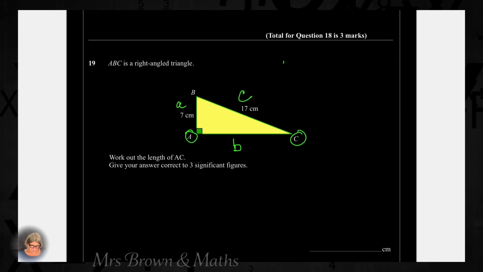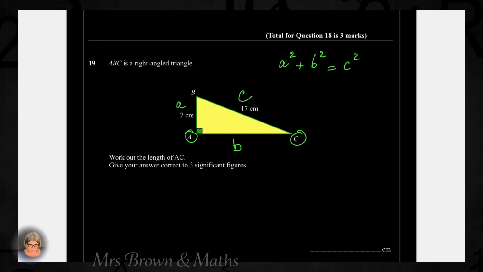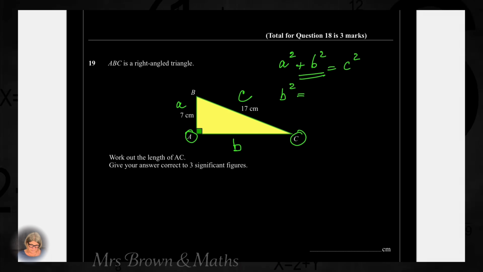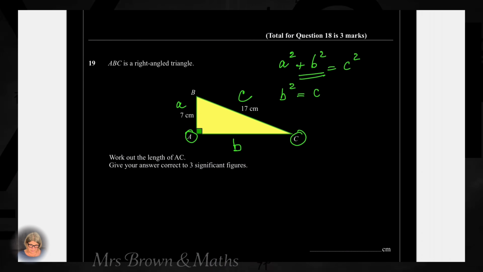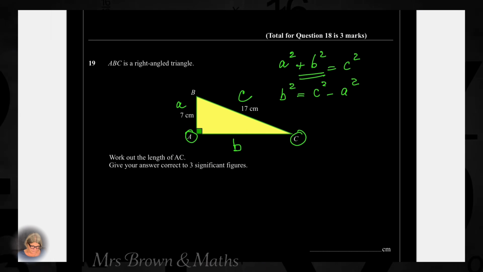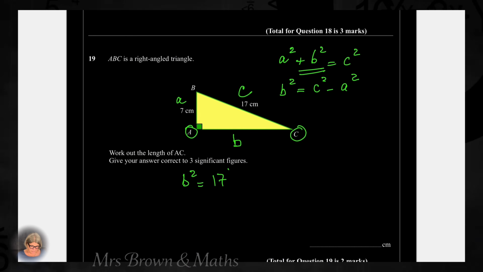A squared plus B squared equals C squared. Right, but I need to work out B. So B squared is C squared, take away A squared. Okay, let's substitute. So B squared equals 17 squared minus 7 squared.